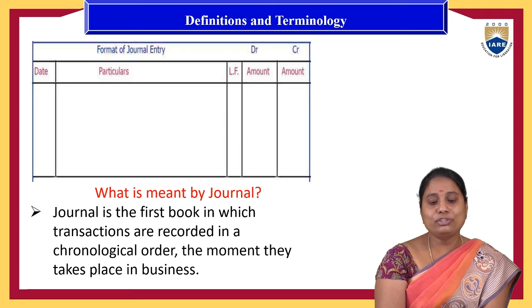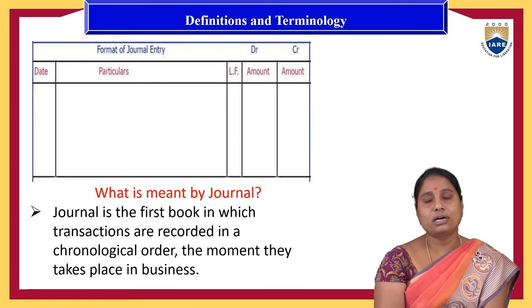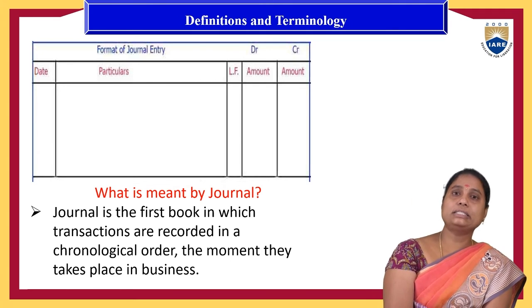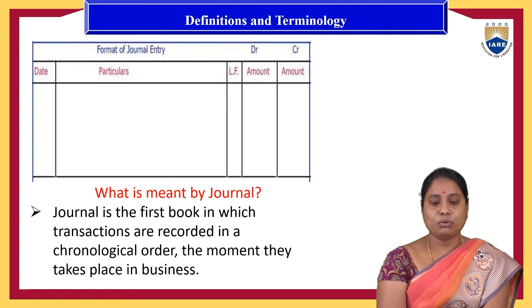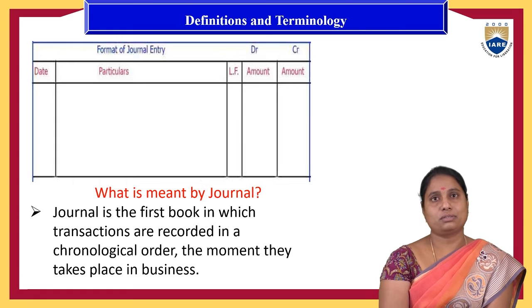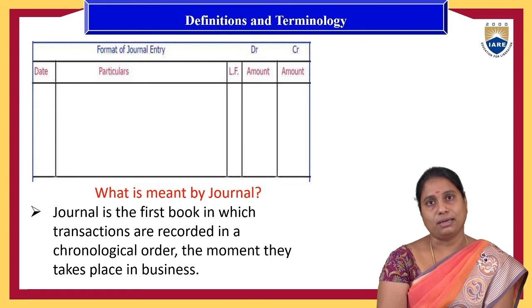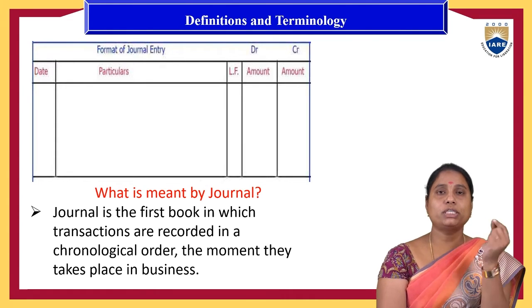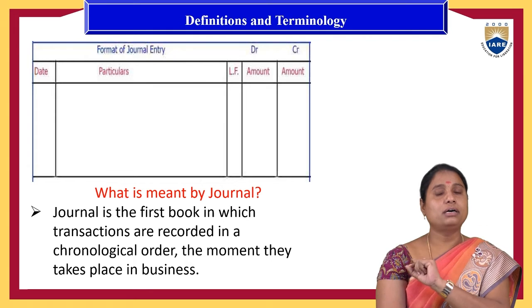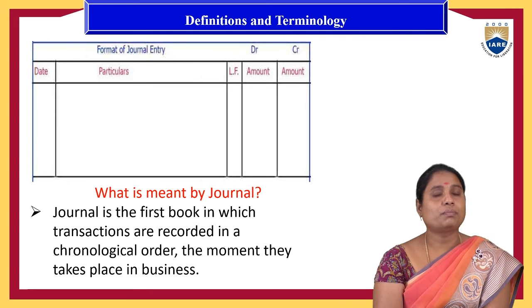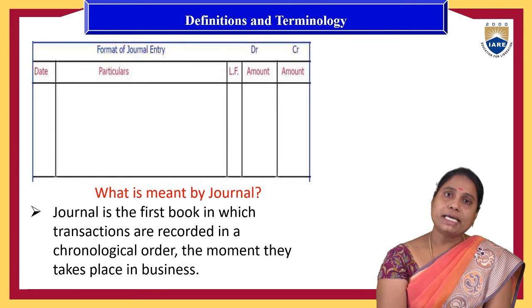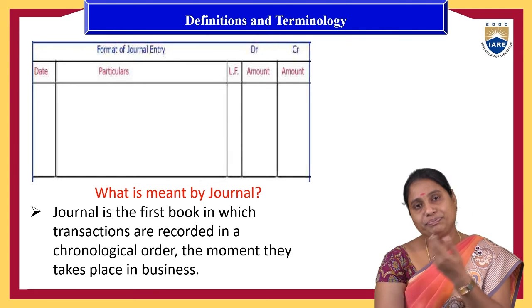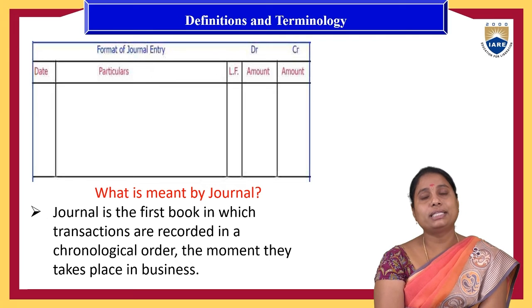And the meaning of the journal: a journal is the first book in which transactions are recorded in chronological order the moment they take place in the business. For example, a transaction is there: purchase of goods from Raghava on credit basis. On a credit basis, they need to remember Raghava. On a cash basis, they need not concentrate on Raghava; they can directly take cash into consideration.